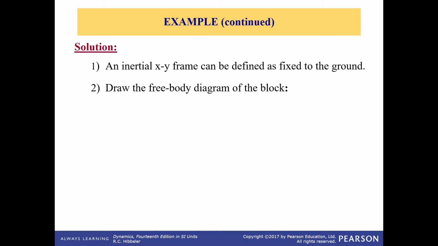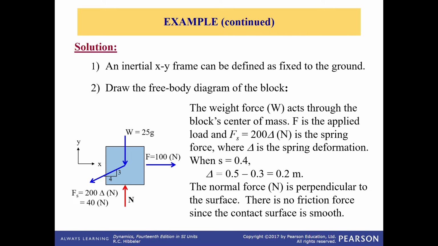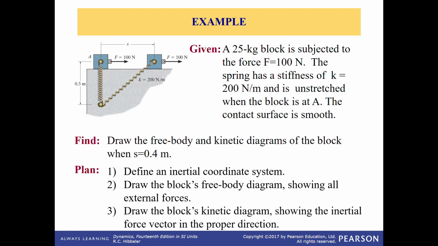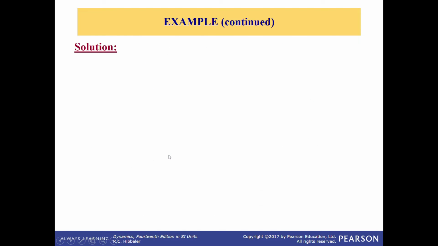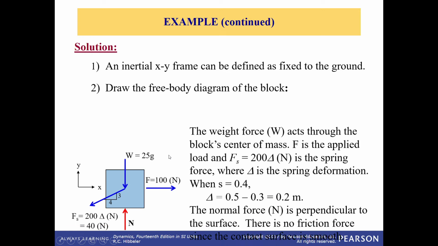Okay, this is the solution. Second, draw the free body diagram of the block. You need to consider once the block has moved 0.4 meter, because they mentioned here S is 0.4 meter. So what's going to happen there?